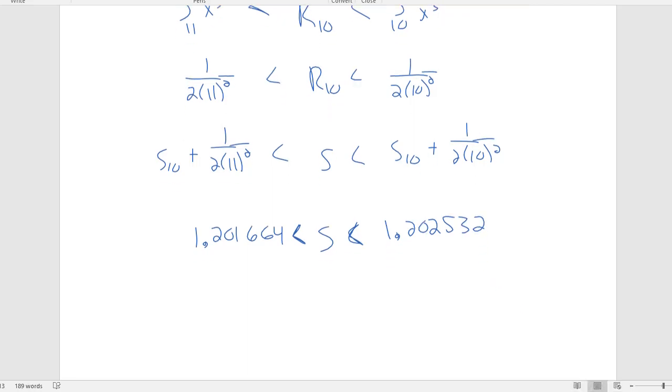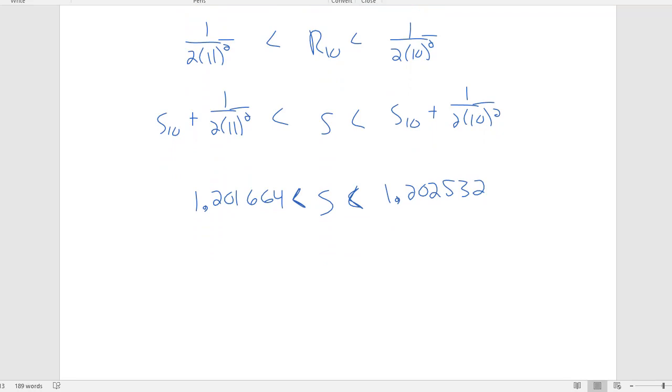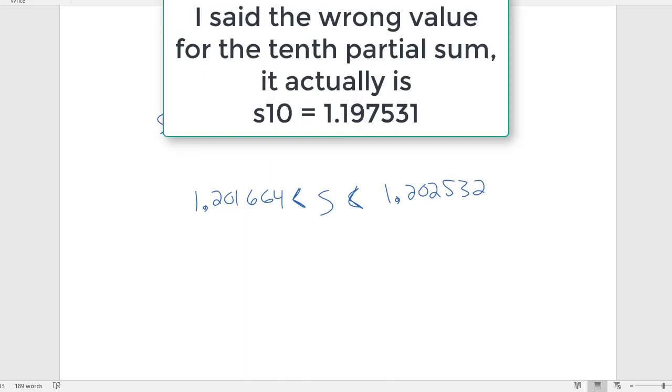So the advantage to this is that our actual infinite sum lives somewhere between these two numbers. So instead of using the 1.975, whatever that number was, I don't want to scroll back up there and get it, whatever that sum of the first 10 terms was, our actual sum lives somewhere between these numbers.